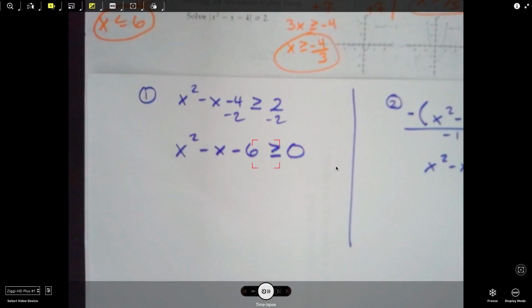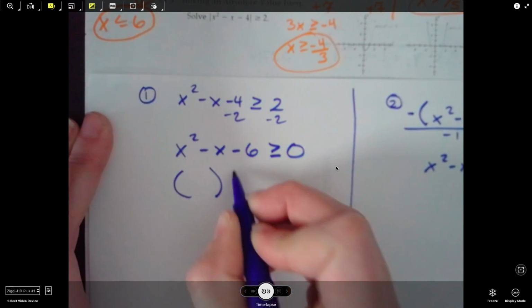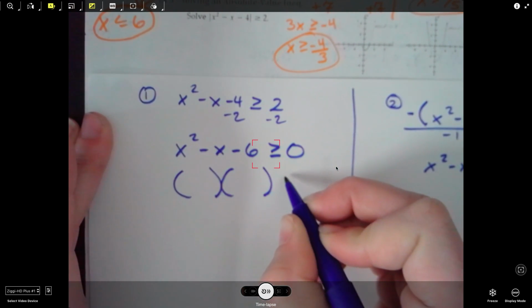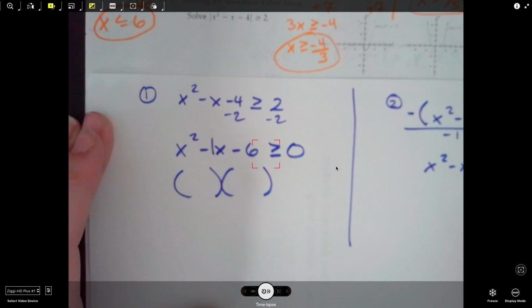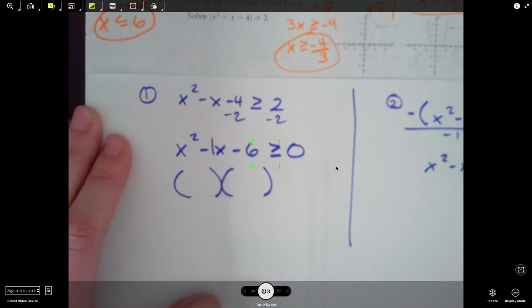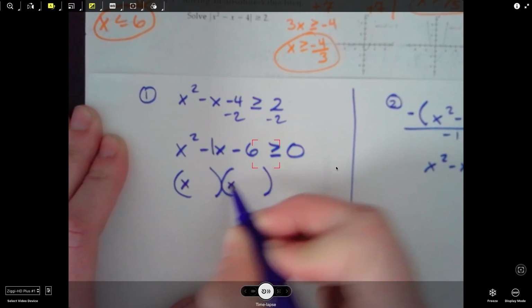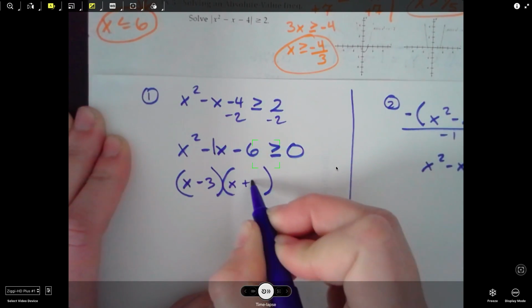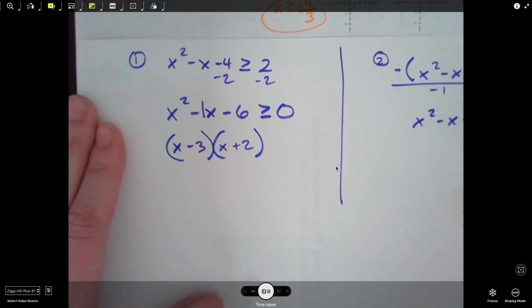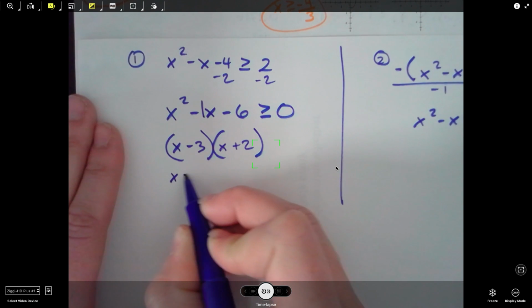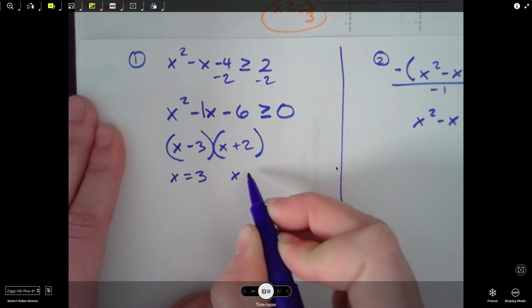Then what can we do? That one factors really nice. What multiplies to get negative 6, but when you add them gives you negative 1? Negative 3, positive 2. So if we set this equal to 0, x will be equal to 3, and x will be equal to negative 2.